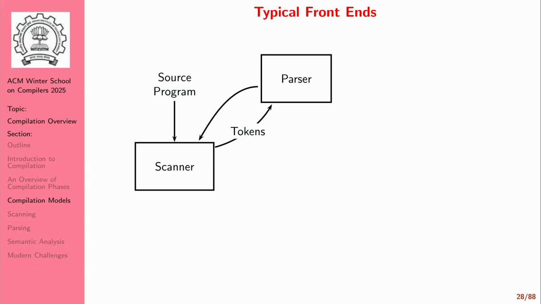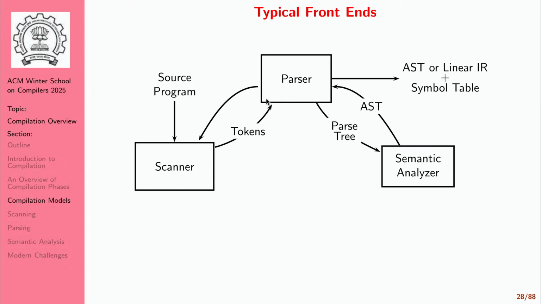The scanner will maintain a file pointer in its data structure saying, I have read up to this. When the parser says, give me the next token, the scanner will read from there onwards until it finds the right sequence and return a token. So you can see there is this both way flow. There is a call from the parser to the scanner, and the scanner reads the source program and returns the next token.